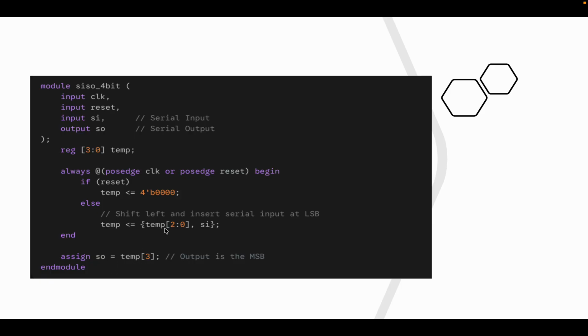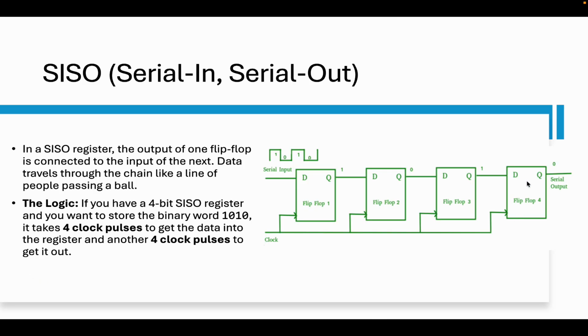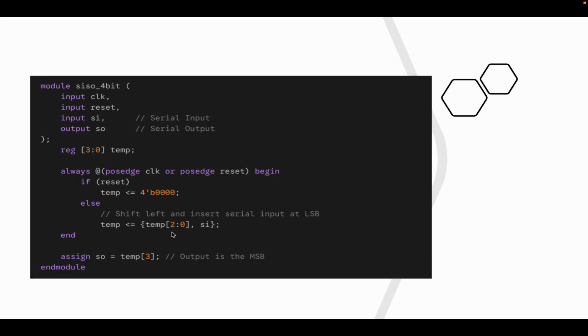So when we see the diagram here, if you have SO, this will be the last bit, right? So this will directly go to that, and the other 3 bits will sit here. So we'll get a total of 4 bits that will get stored in the temporary variable.